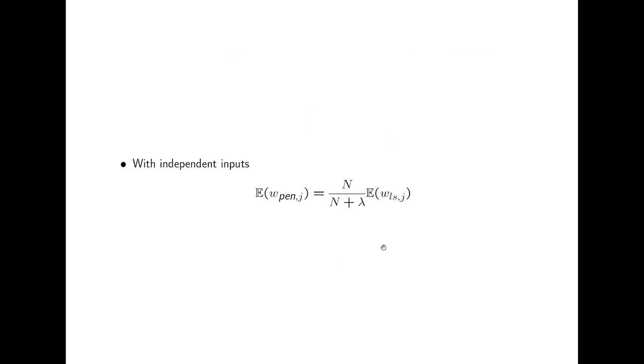So if these inputs would be independent, which in our example they are not, in expectation, so on average, the least squares estimate would be reduced, or there's a shrinkage going on. That's called a shrinkage estimate. And we multiply by the factor n, the number of data points, divided by n plus lambda. So we had n equals 100, lambda 0.6. So it's not really extremely changing the parameters.